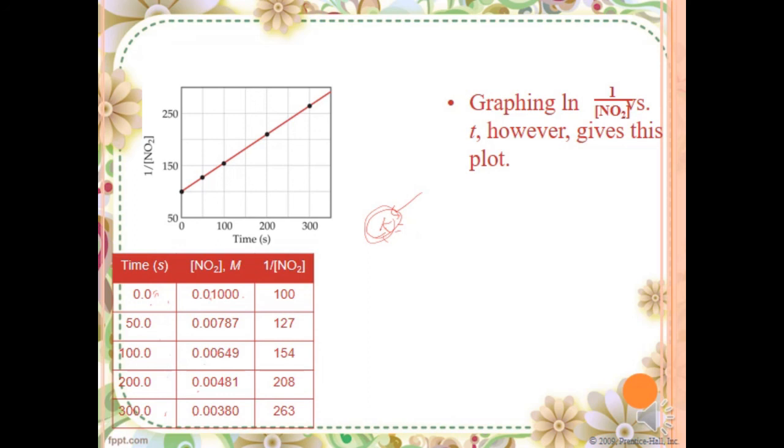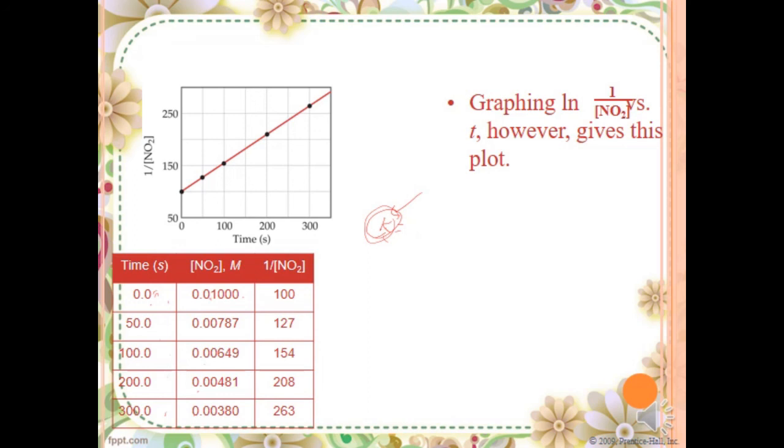Another approach is using the half-life method. You also have to memorize the half-life formulas and substitute into them for each order of reaction.